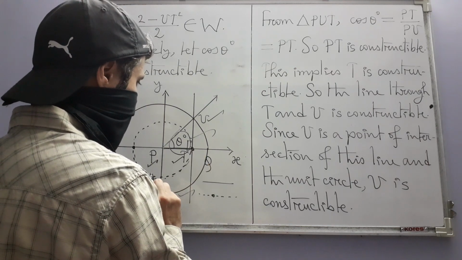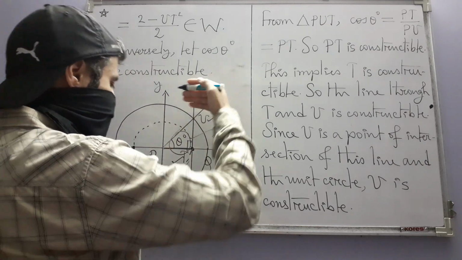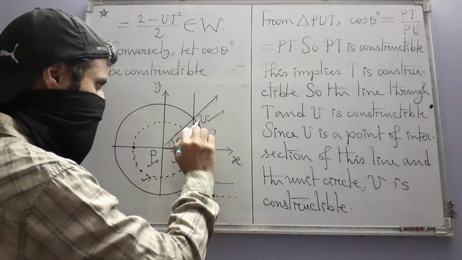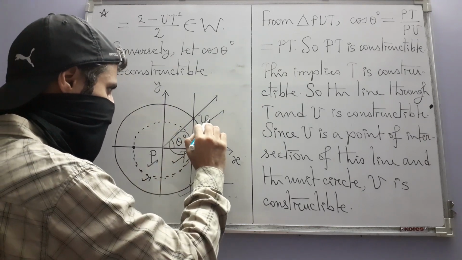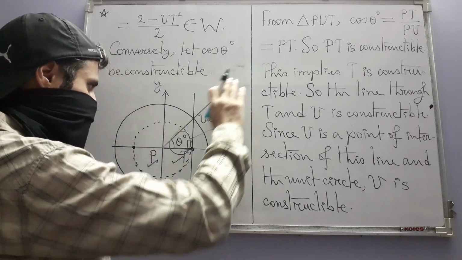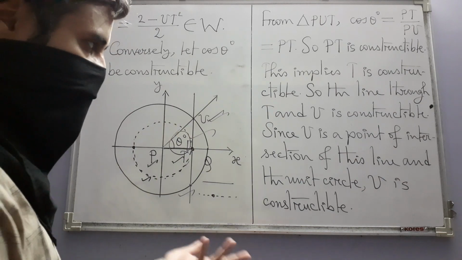Alright. And the point of intersection of this line, I mean the one which lies above, not this one, and the constructible circle is constructible. So that's how we are getting that U is constructible. So P and U are both constructible, so the terminal ray is constructible. The initial ray is already constructible, it always was.